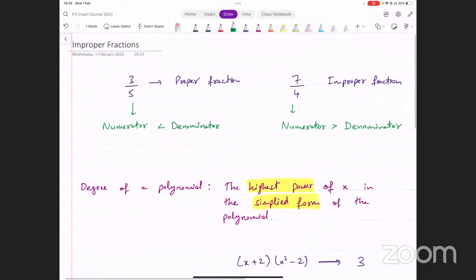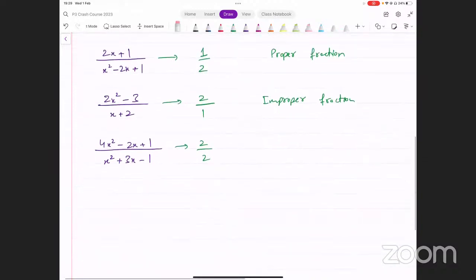Remember when we used to have simple numbers, this would actually turn out to be an integer. If you were dividing 3 over 3, that would just be 1. It will always turn out to be 1 if the number was exactly the same. But for polynomials, it's only the degree that is the same. The actual expression is different, so it does not simplify to 1.